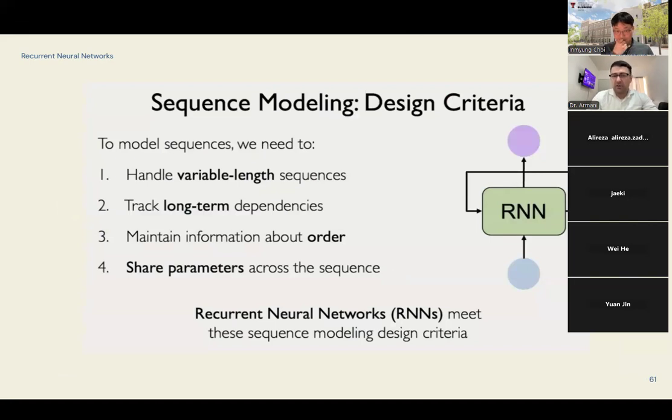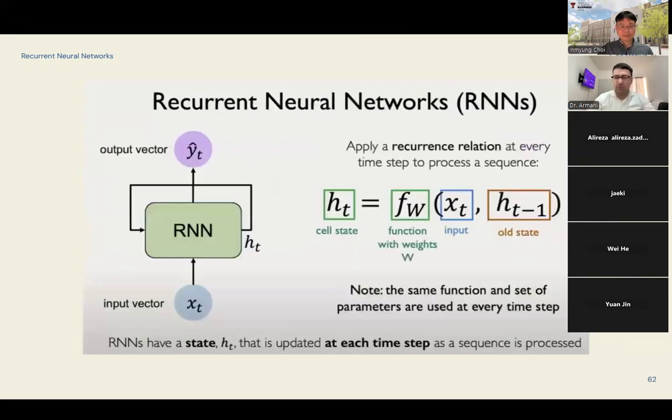RNNs, or recurrent neural networks, are a type of architecture that can help us work with sequences and do sequence modeling. That is important when we have a variable length of inputs, so we don't know how many inputs we have, or we have dependencies across the inputs in the sequence. So we need some sort of memory in the network.